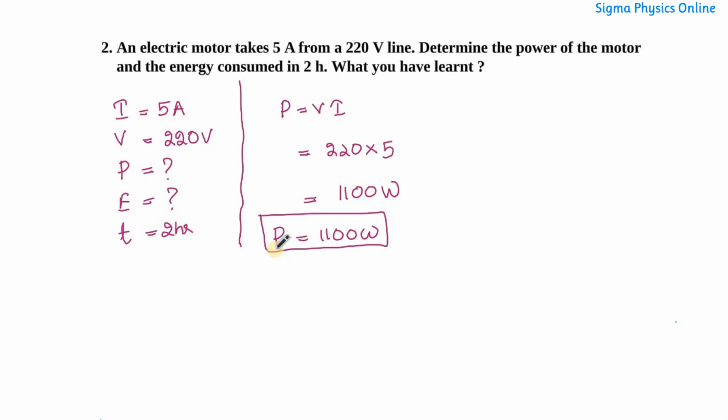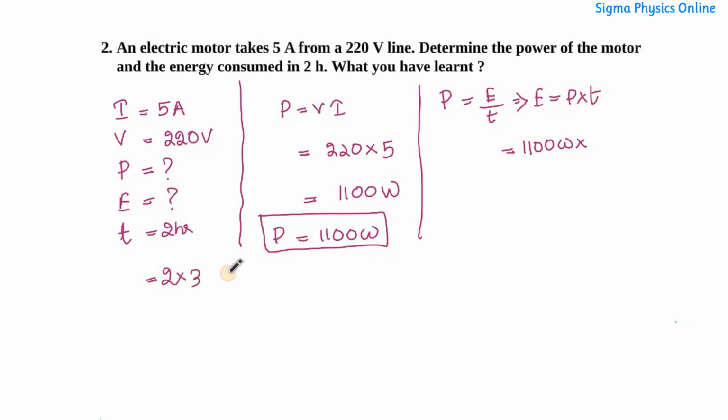Now let's find out the energy consumed in 2 hours. We know that power is equal to energy by time, so energy will be power into time. Power we got here as 1100 watt multiplied by the time, which is 2 hours. So it is 2 into 3600 seconds, that is 7200 seconds.